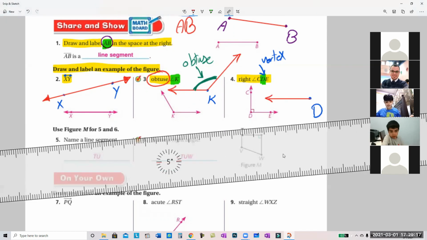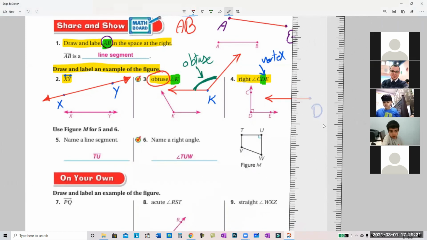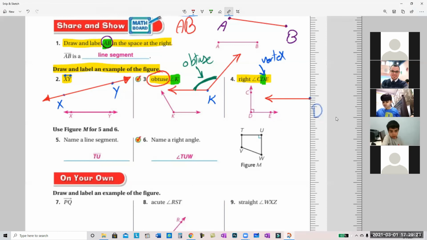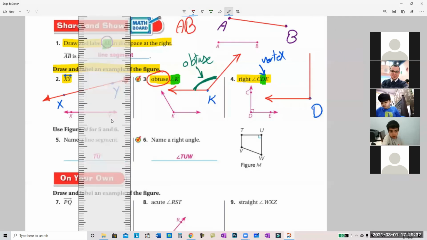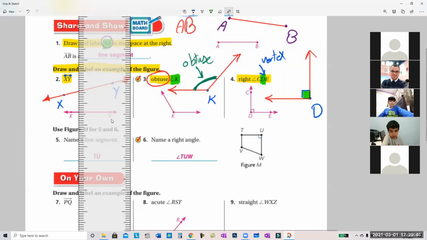And for the other ray, you have to adjust your ruler like that and draw the other ray. As you see, we have an L-shape angle, a corner like a square corner.